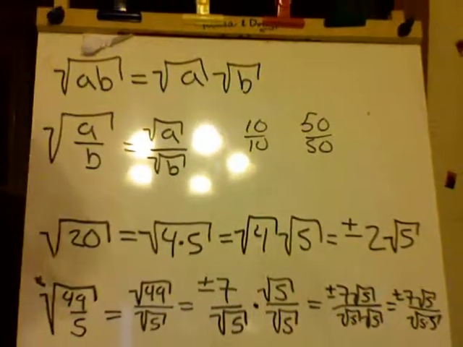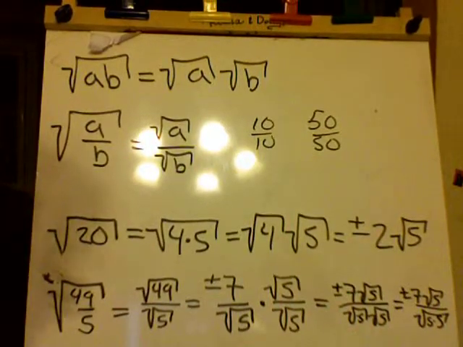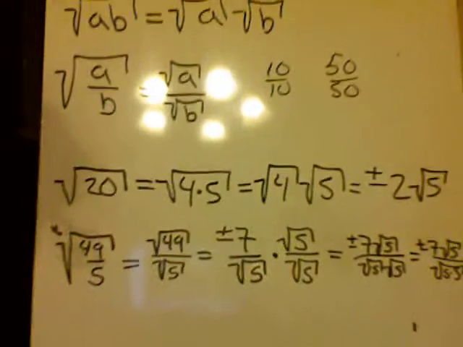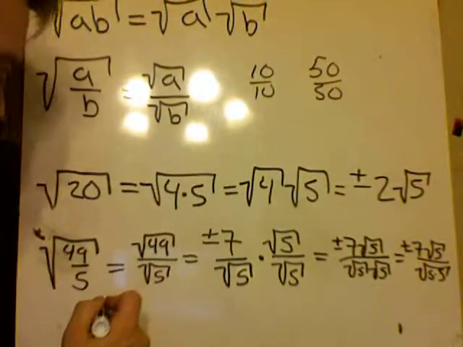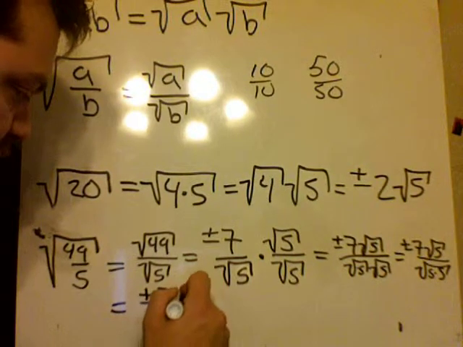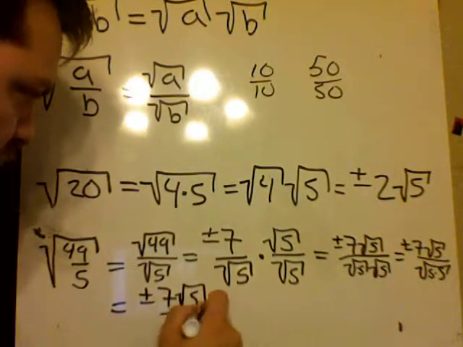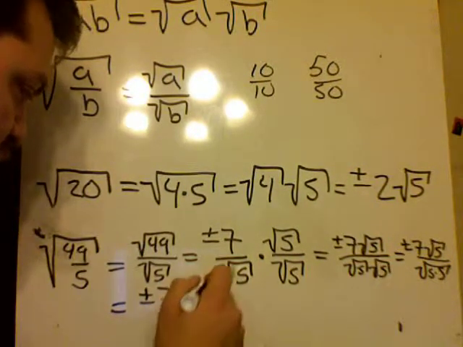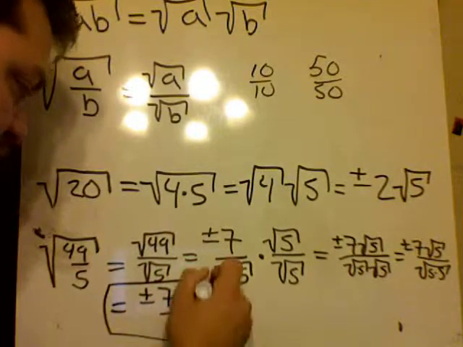Well, what is 5 times 5? It's 25. What's the square root of 25? Plus or minus 5. So since I already have one plus or minus in there, I don't need another. That would be my answer.